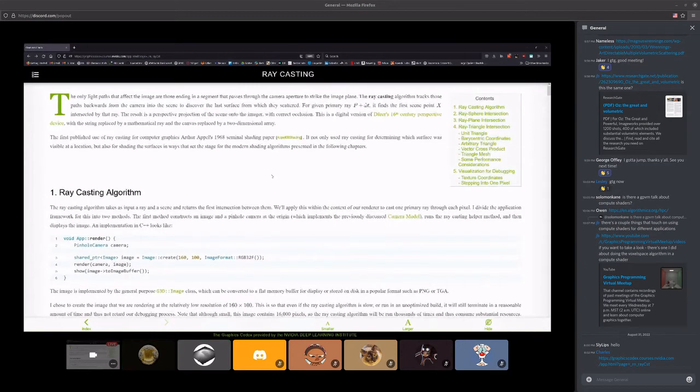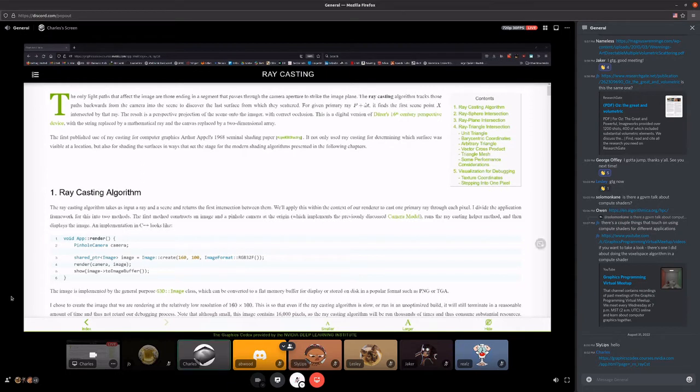Okay, here we go. We'll go from having just a simple pinhole to having a more useful camera model. So we have a raycasting algorithm. I'm just going to go ahead and start.